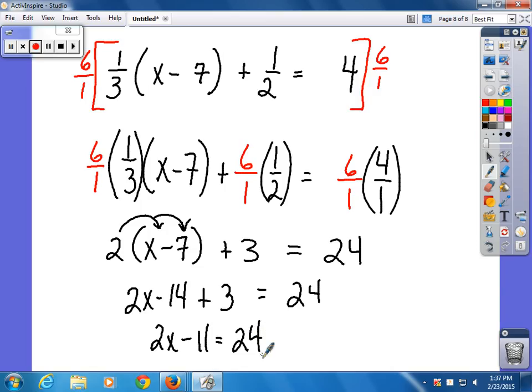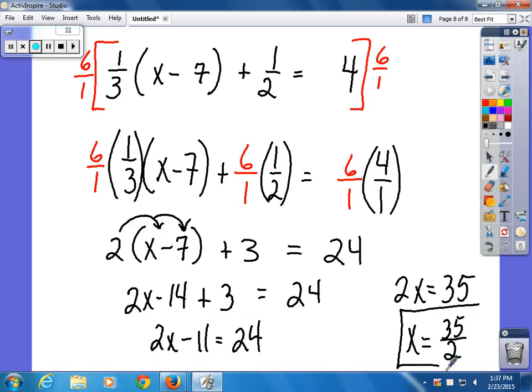Bring the 11 over. 35. And x is equal to 35 halves. Do these things all day long.